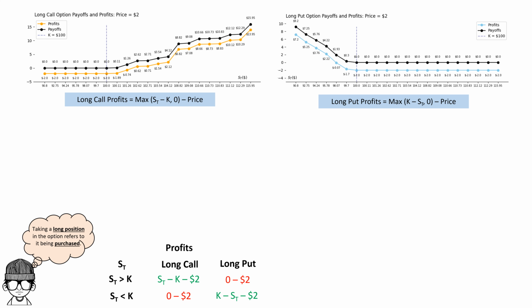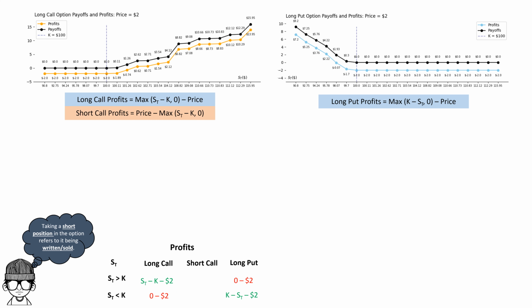Note, taking a short position in the option refers to it being written or sold. So let's consider what happens when the writer is writing a call option. A short call's profits will equal the price minus max(ST minus K, 0).